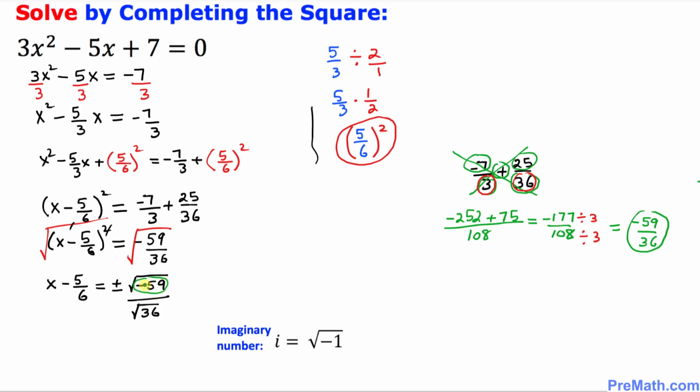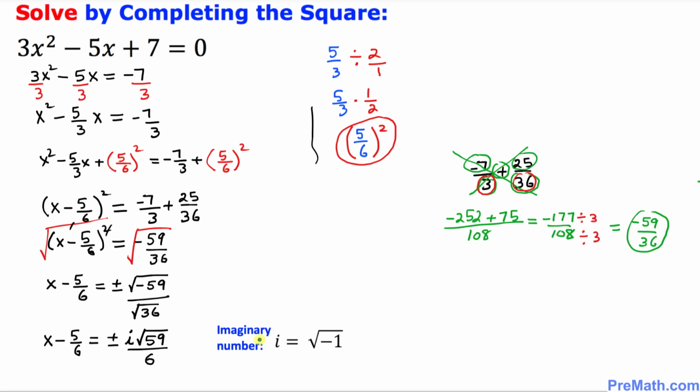Whenever we have a negative number inside that radical, that could be converted into an imaginary number i. All right, so let me write down on the left hand side x minus 5 over 6 equals positive or negative, so this square root of negative 59 could be written as i times square root of 59, divided by square root of 36, which is 6.